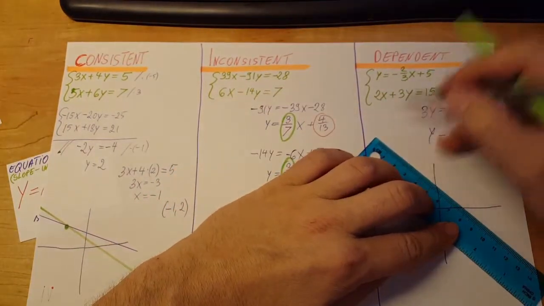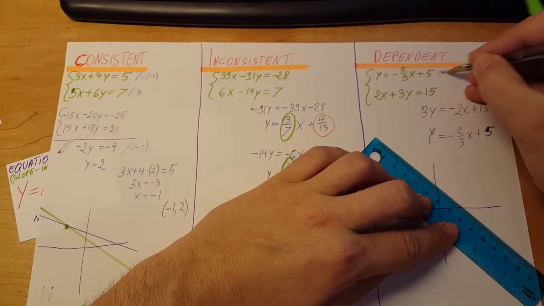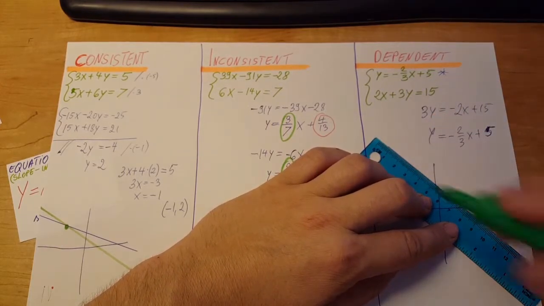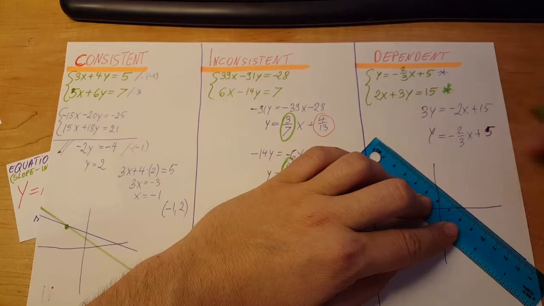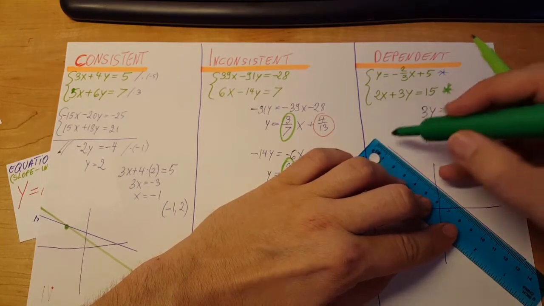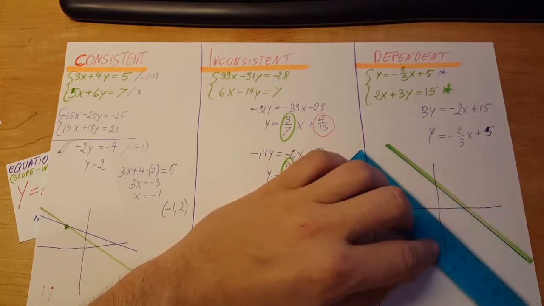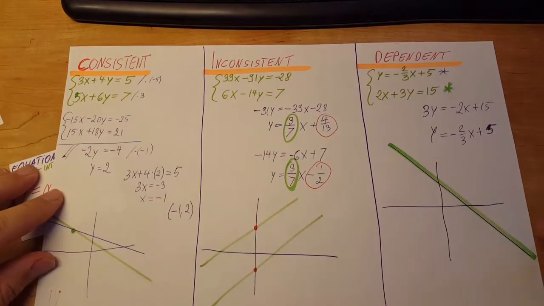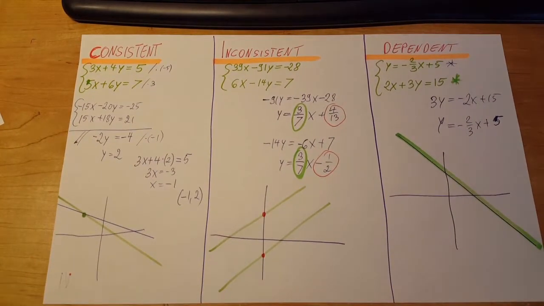Let's say this line goes like this, and then this line goes exactly on top of that one. So they are exactly the same line. There you go. This is comparing the three systems of equations.